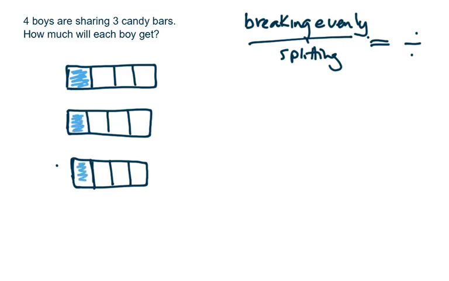And out of that third bar, he'd get 1 piece. Well, how much is he getting total? Well, he's getting 1, 2, 3 pieces. Out of how many pieces are there in one candy bar? 1, 2, 3, 4. All of them are split into fourths. So he's getting 3/4 of a candy bar.